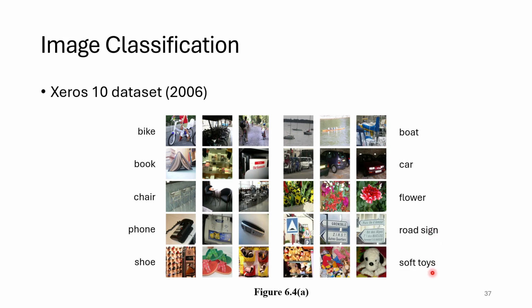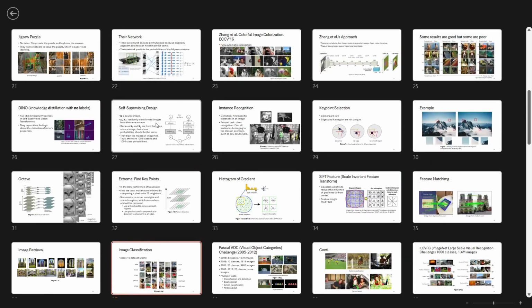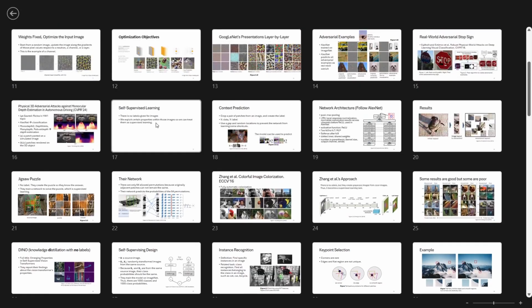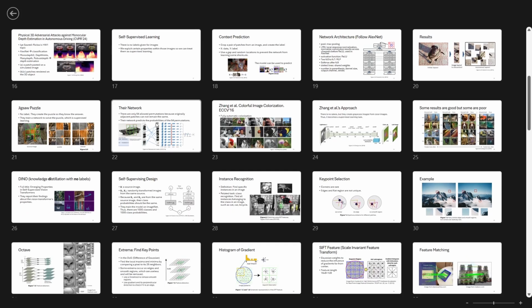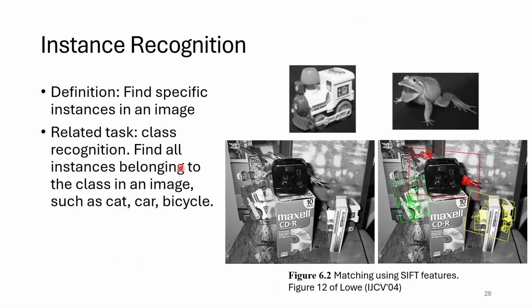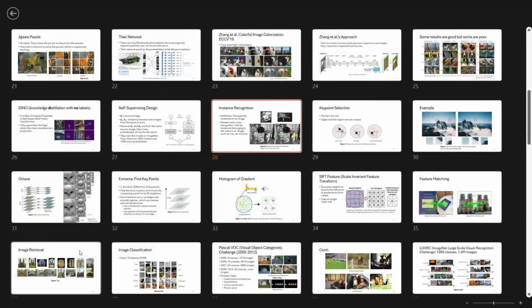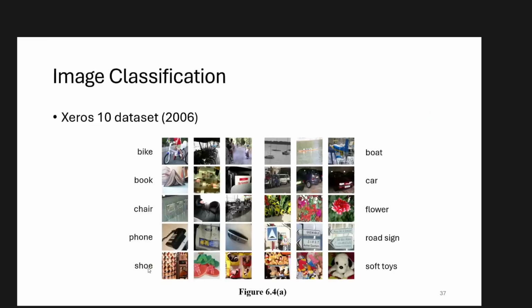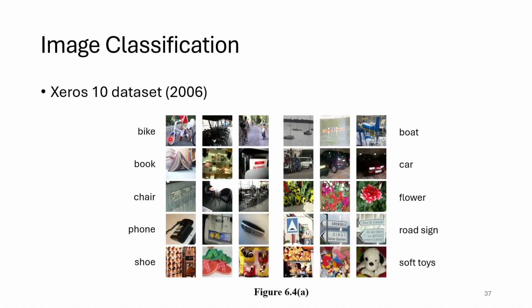Let's go back to the definition of instance recognition. In this example, if we are going to do class recognition, it means those images all belong to the same class.